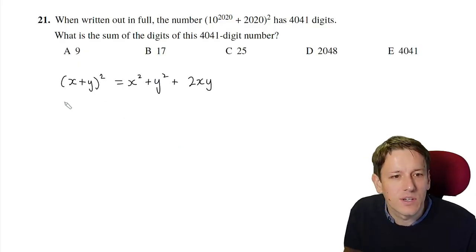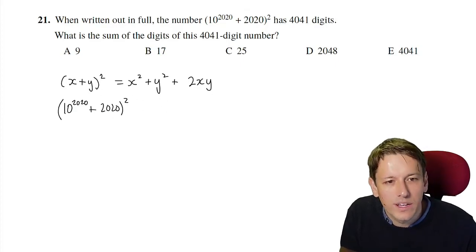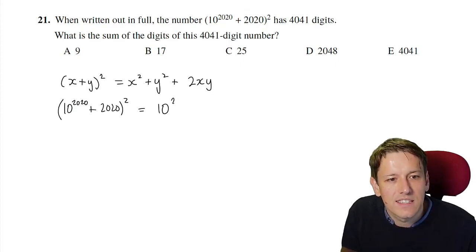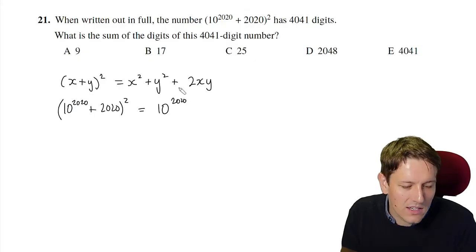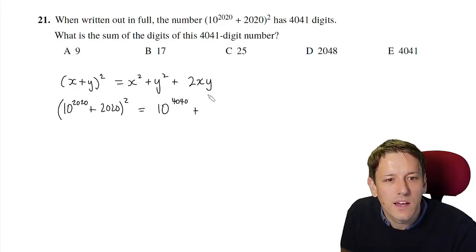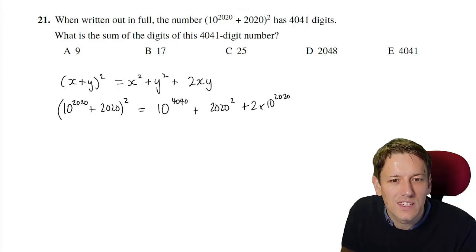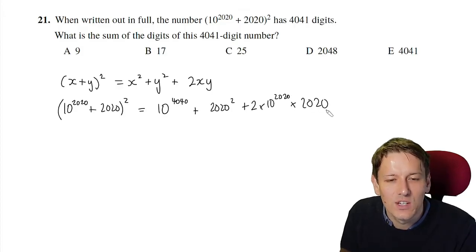So I think my first thought here is to write this as (10 to the 2020 plus 2020) squared, so take x equals 10 to the 2020 and y equals 2020, and then I'm going to get (10 to the 2020) squared, which by the rules of indices is just 10 to the 4040, and then I've got to do 2020 squared and then 2 times 10 to the 2020 times 2020.